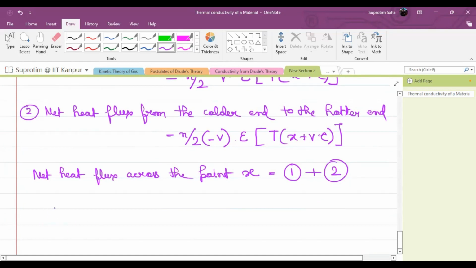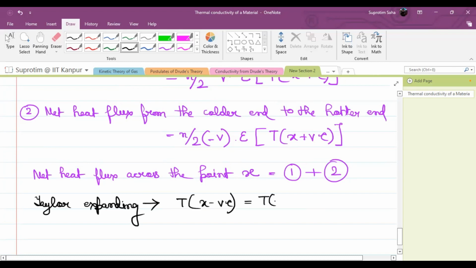So let us first Taylor expand this. T of x minus v tau will be given by T of x minus v tau times dT/dx, and here we are ignoring the higher order terms.